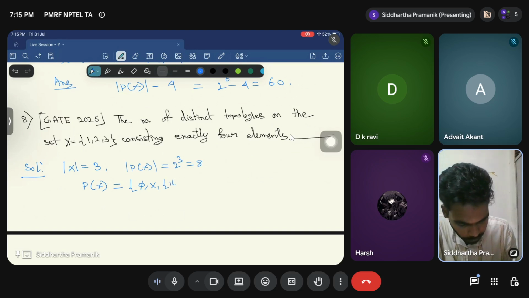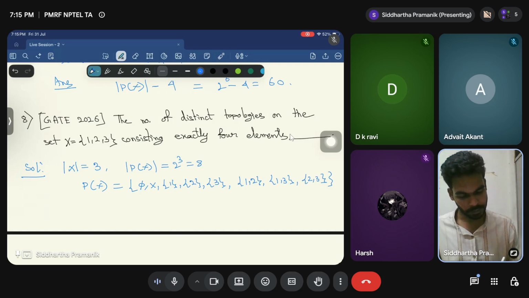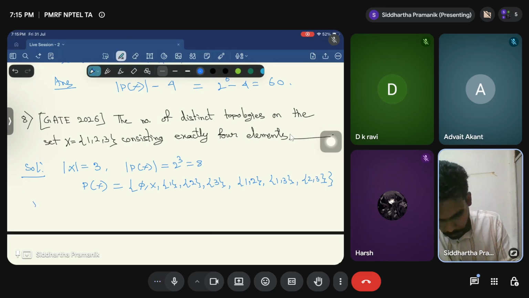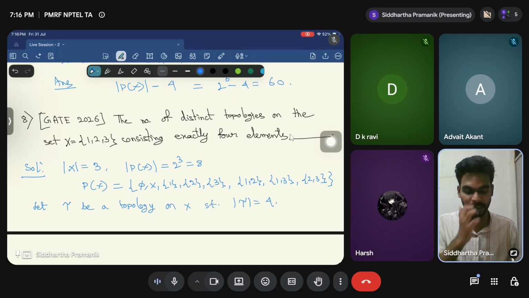Now the singleton sets, then the doubleton sets. That's all. Okay, so this is the collection of subsets of X. Now let tau be a topology on X such that the cardinality of tau is 4, meaning tau consists of exactly 4 elements.